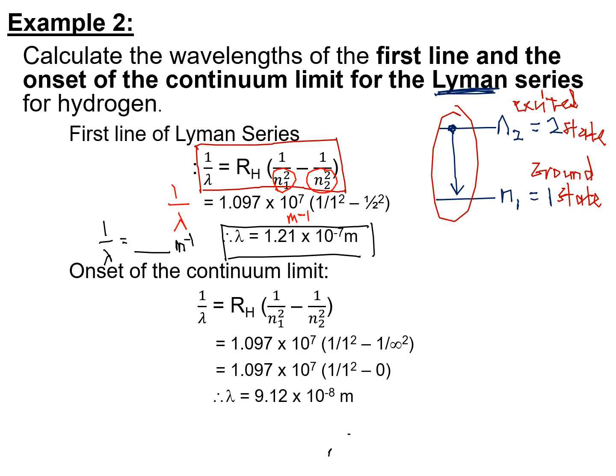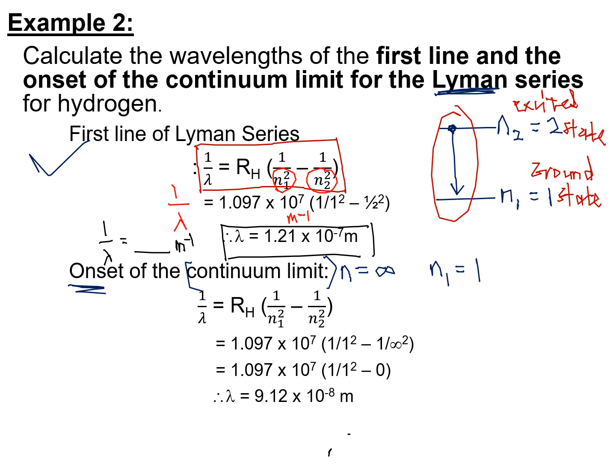Okay, so sekarang ni you dah dapat cari wavelength for the first line of Lyman series. The second one, you need to find the wavelength for the onset of the continuum limit. Okay, kalau let's say soalan mention pasal continuum limit je, you should know that it is when n equals to infinity. So since this is a Lyman series, that means dia punya ground state must be always equals to 1.